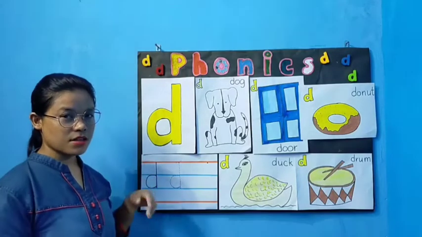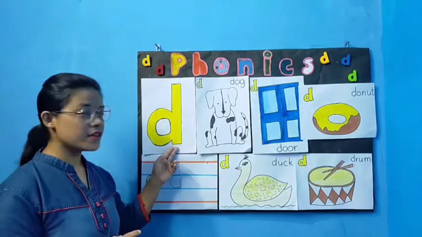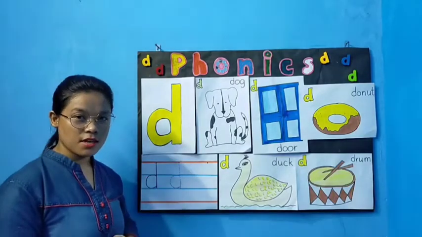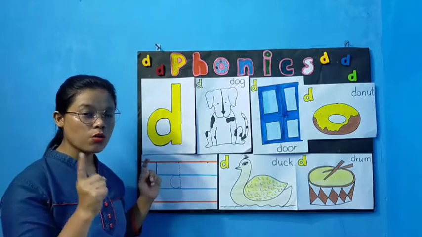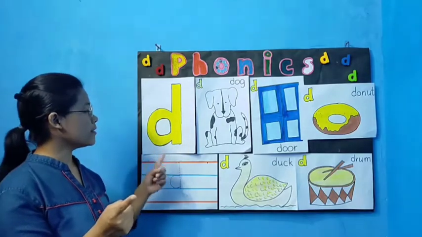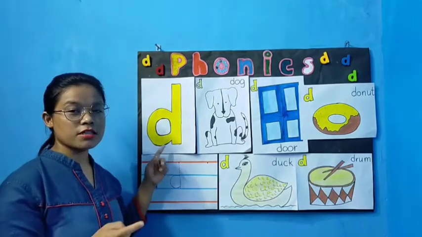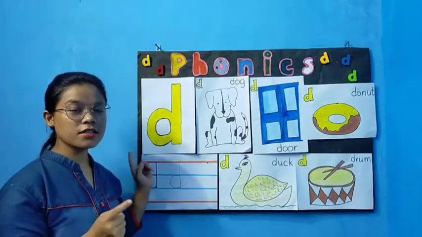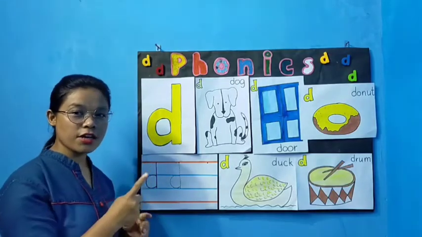Da sound. Let's do some air tracing to make the da sound, okay? And now children, first I will tell you how to trace the da sound. After that, you will do along with me with your index finger.